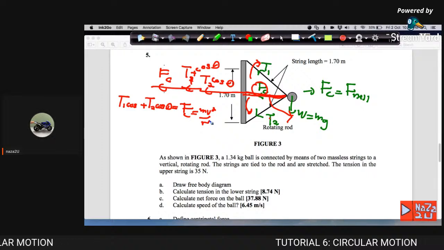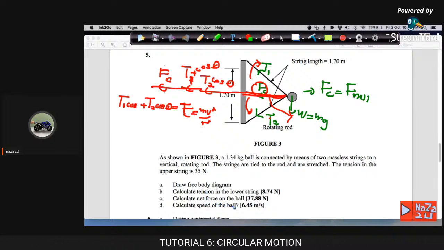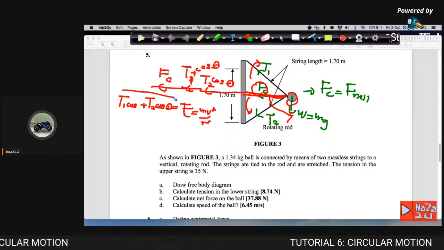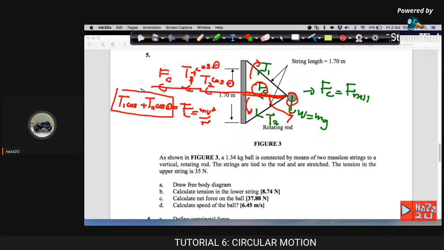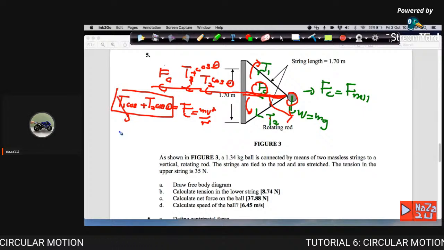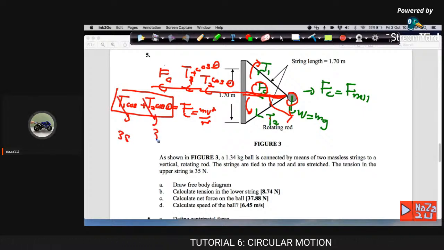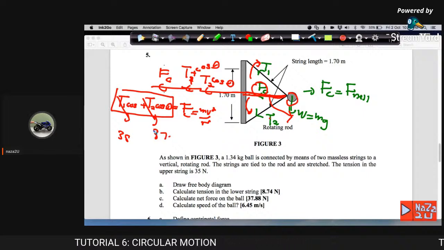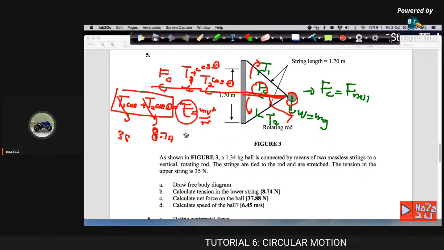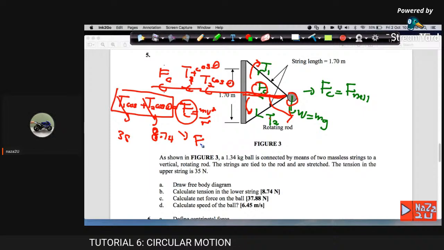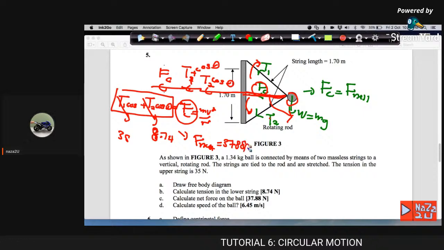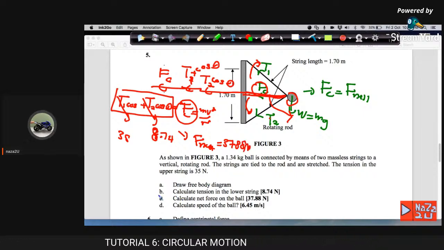Okay, class? So now, the net force on the object mass here is equal to T1 cos theta plus T2 cos theta. The values are already given: this is 35, T2 is 8.74. So you can find the value of the net force. F net is equal to 37.88 Newton. Okay, this is number C.